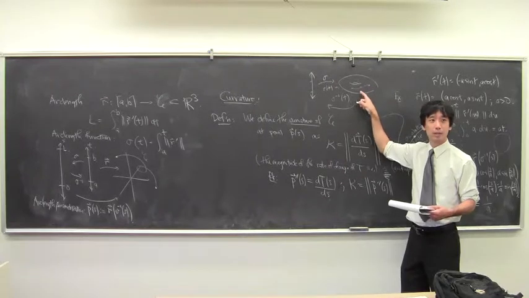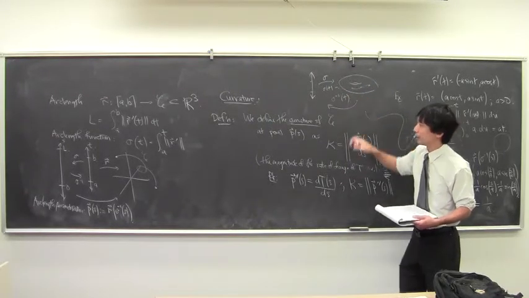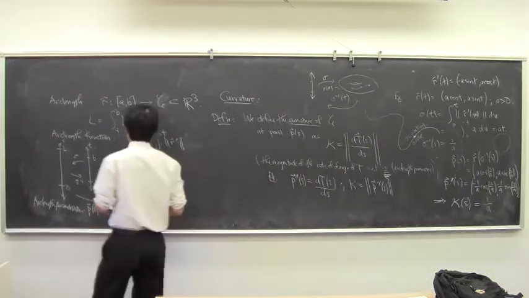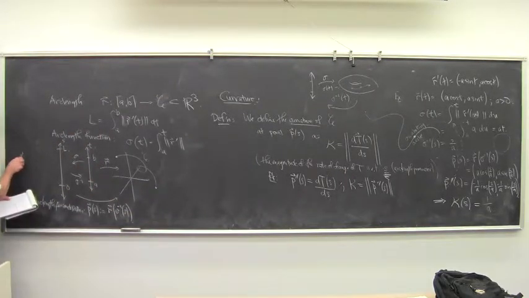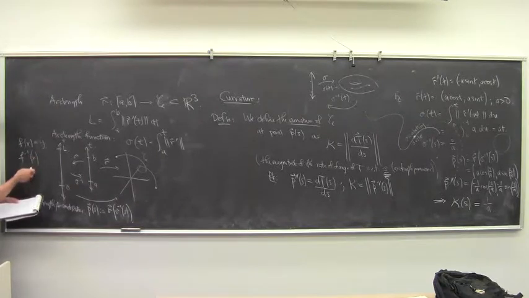So one actually has to be a bit careful. When you're dealing with one variable functions, one often writes f inverse of x. f of x is something, and then you define f inverse of x. But it actually makes more sense to talk about f inverse of y.